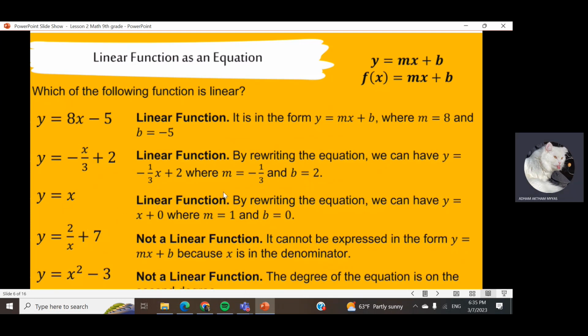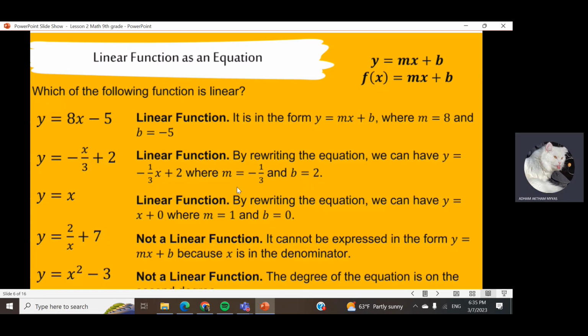y equals x is a linear function also, m equals 1 and b equals 0, so I'm crossing the y-axis at 0. The fourth one is not a linear function because we have the x in the denominator, not in the numerator. So if the variable is in the denominator, it's not a linear function.